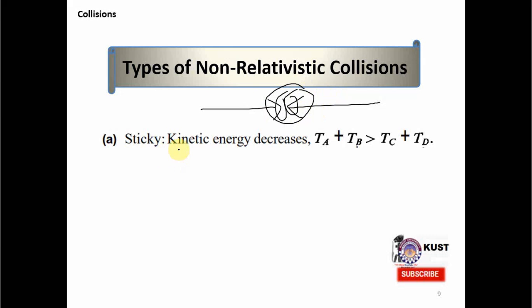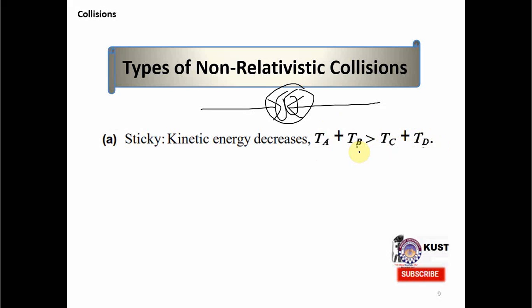In these sticky collisions, the kinetic energy decreases, comparing the kinetic energy before and after collision. So you can see that this is TA, the kinetic energy of particle A before collision, and this is TB, the kinetic energy of particle B before collision, and together this total kinetic energy is greater than the kinetic energy of particle C, which was created after the collision, plus the kinetic energy of particle D, which was also created after the collision.